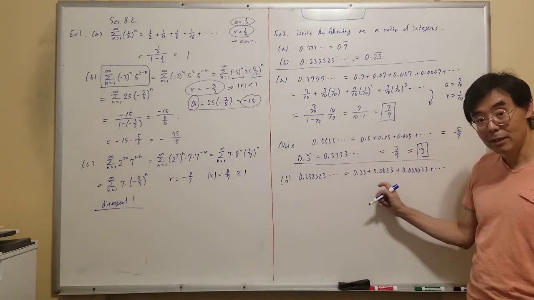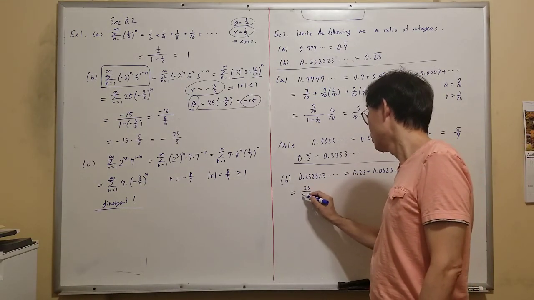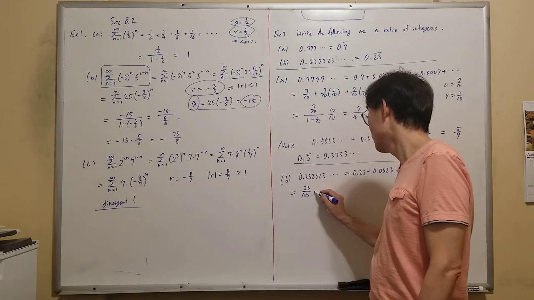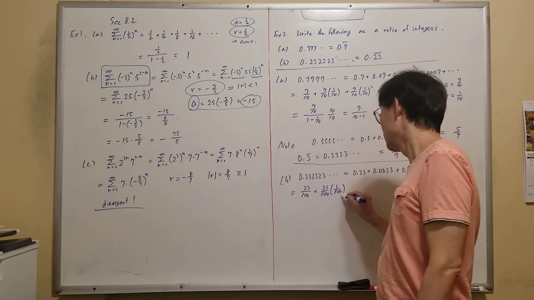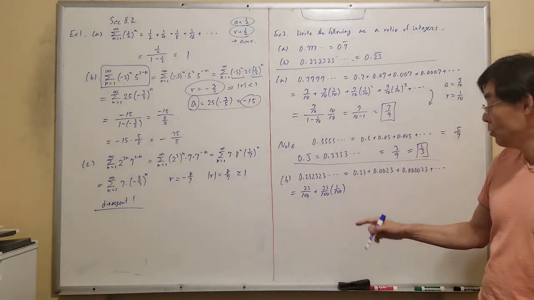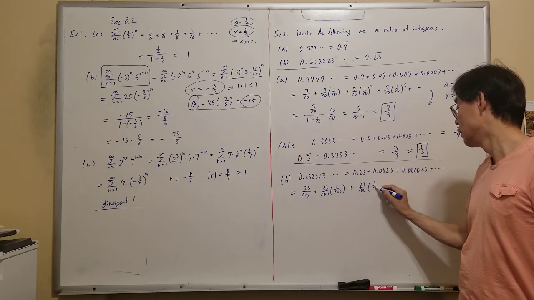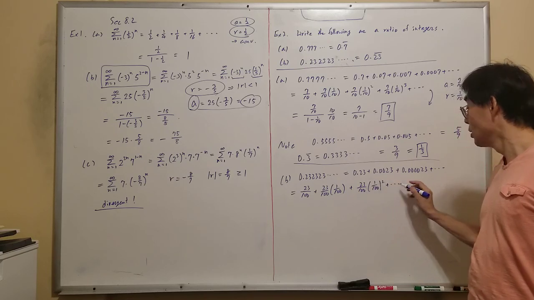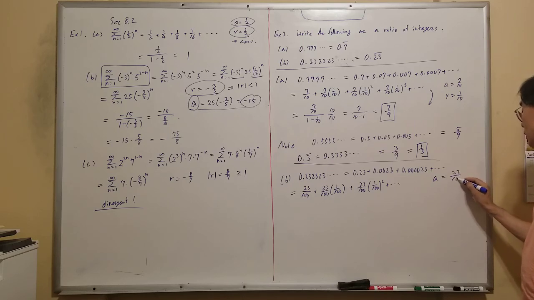Again, this is a geometric series with first term 23 over 100 and common ratio 1 over 100.